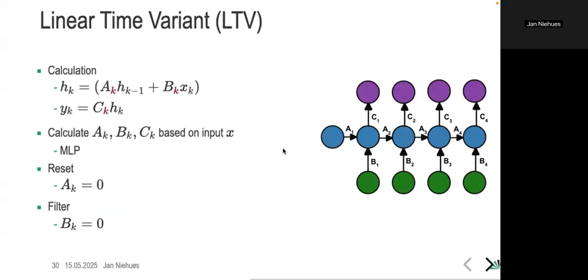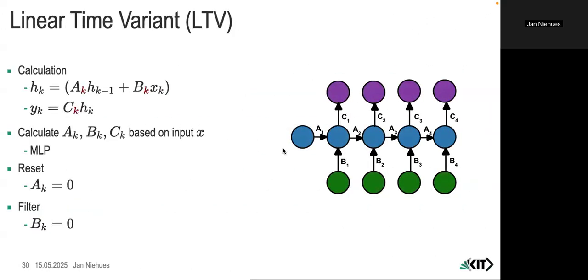How are we doing that? In general, in the linear time-variant systems, you see that we have some new letters in here. We have A_k, no longer A, we don't have B but B_k, and not C but C_k. So it's no longer that we are always applying the same A, but we have different A's, which allow us to not always treat the history the same way.